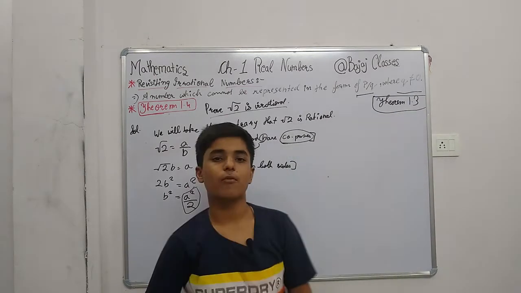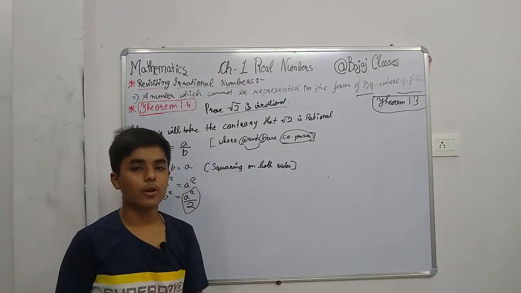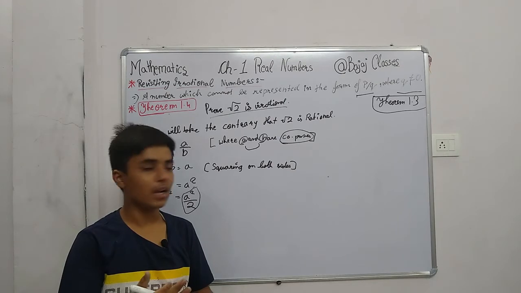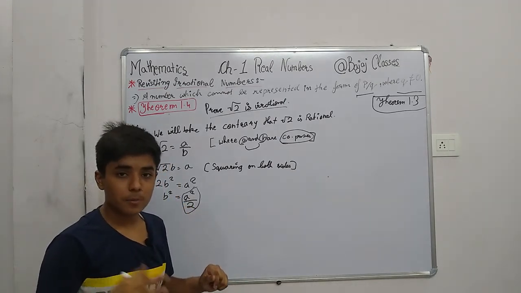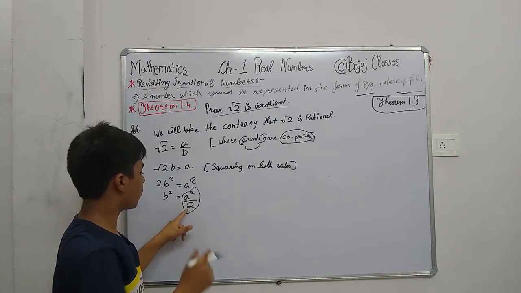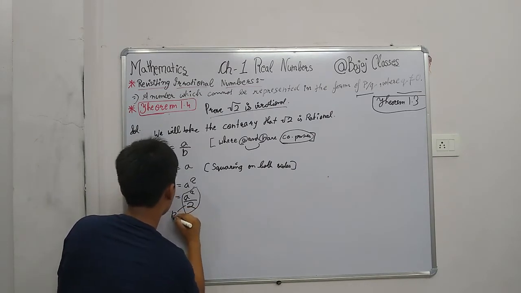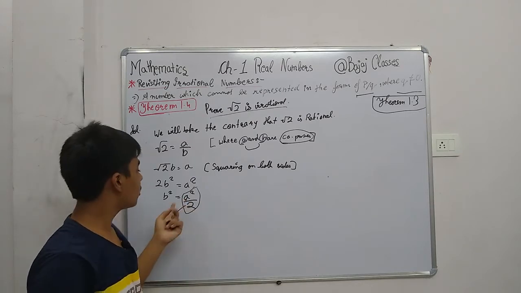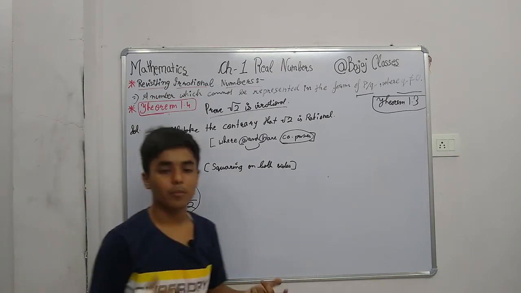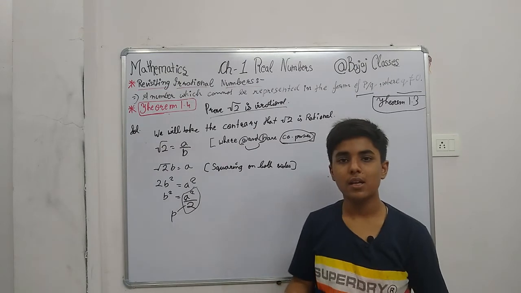It states that if a square is divisible by p, here p equals 2, then a will also be divisible by p.